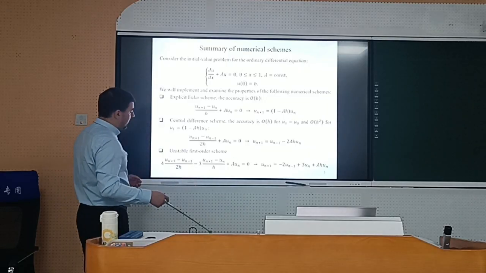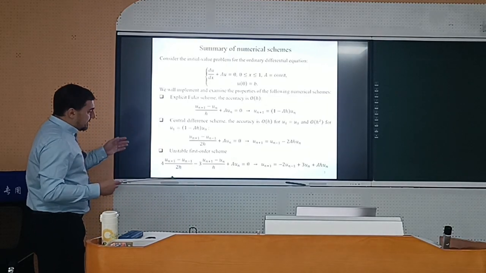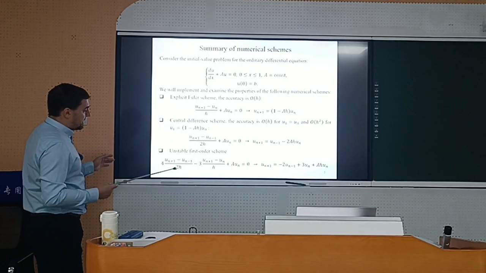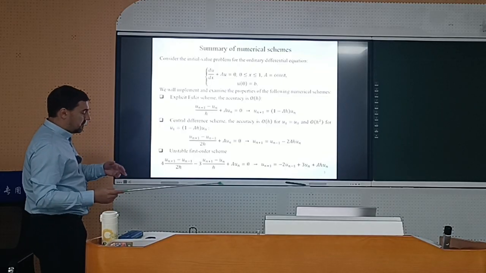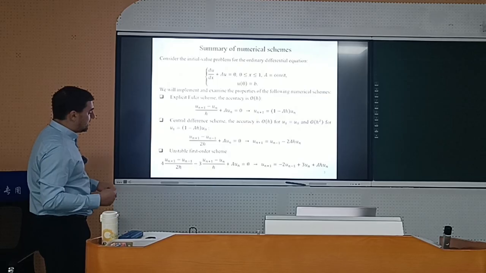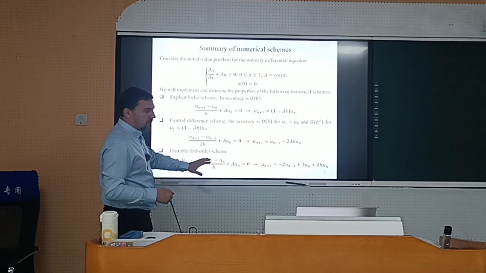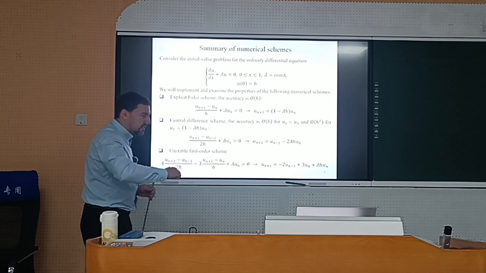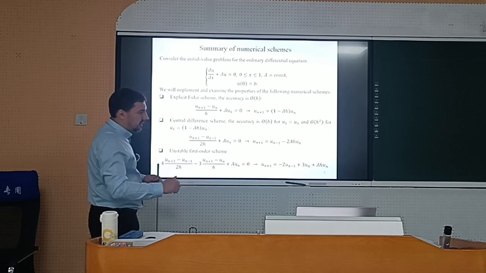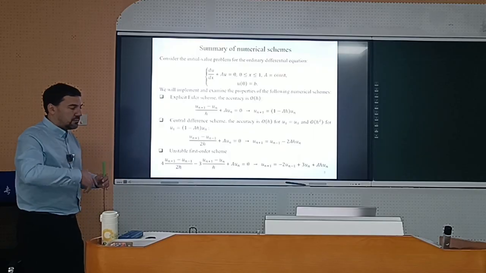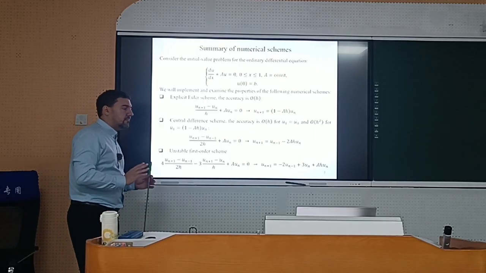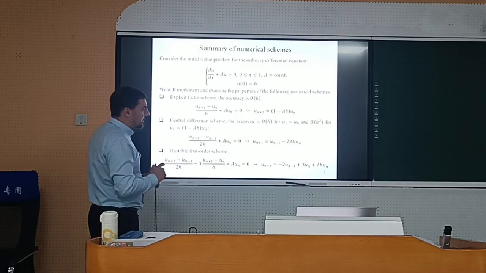So it's a first order scheme, but at the same time it's unstable. It means that if you run the simulation and check it, you will not be able to get any relevant result. Very fast, after several steps, the solution will blow up, and you will have nothing in common with the exact one.